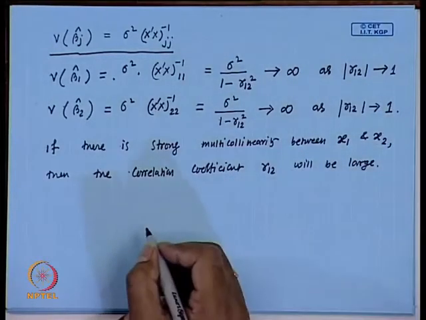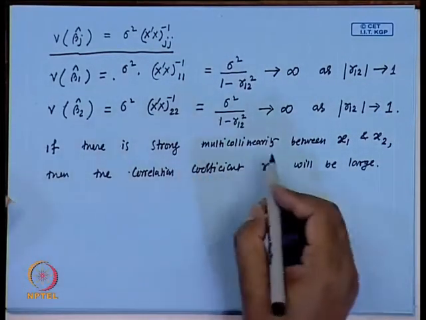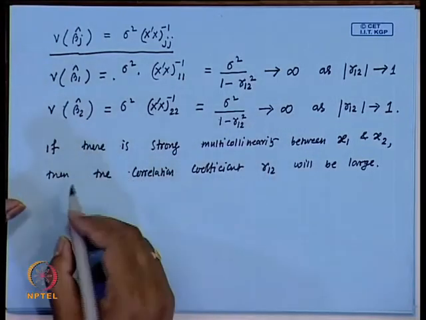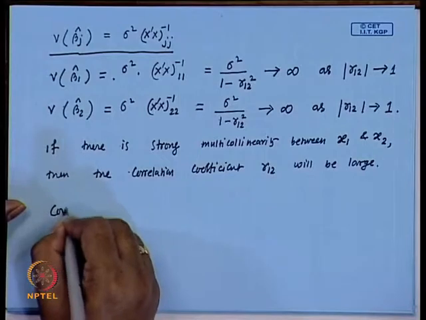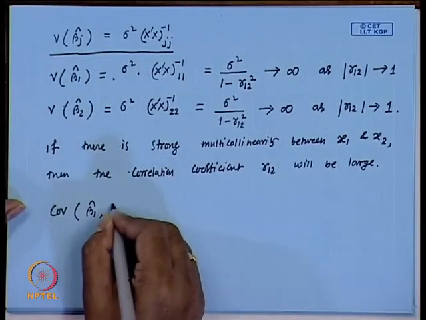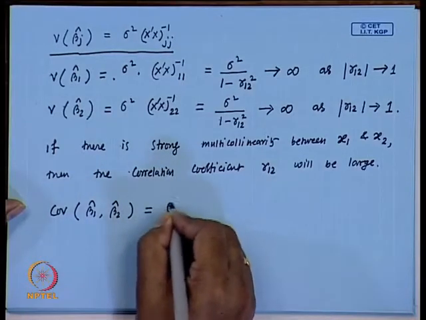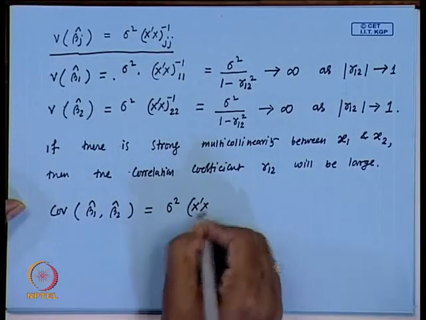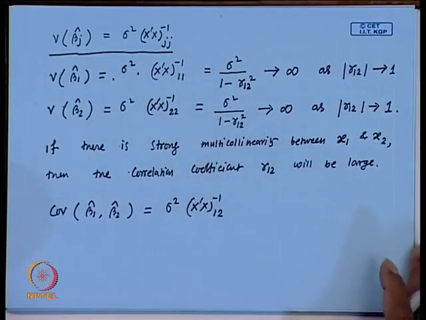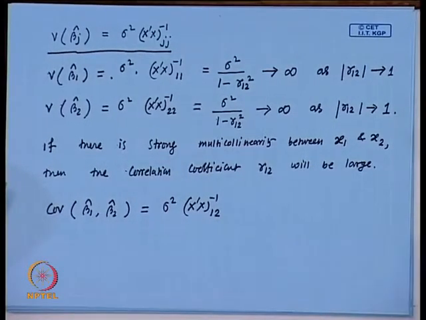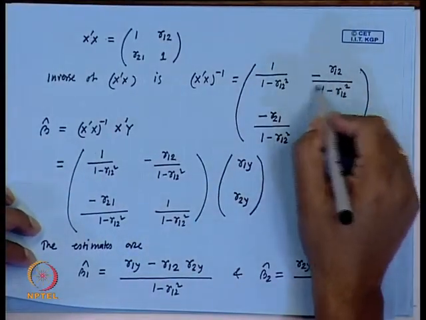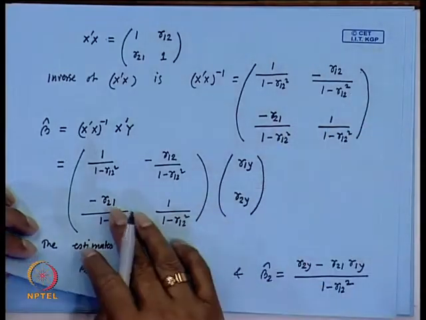Okay. So, also I said that strong multicollinearity results in large variance and covariance. So, what is the covariance of beta 1 hat and beta 2 hat? This is equal to sigma squared times the (1,2)th element of (X prime X) inverse. Okay. So, what is the (1,2)th or (2,1)th element? That is minus r12 by 1 minus r12 squared.